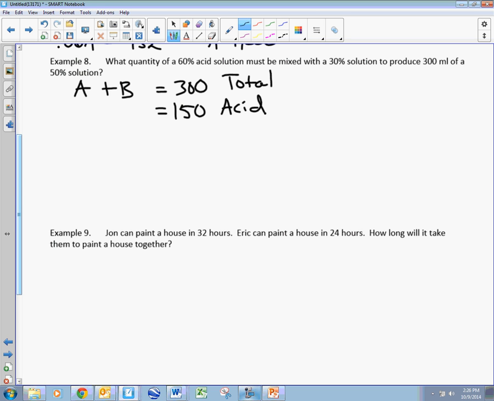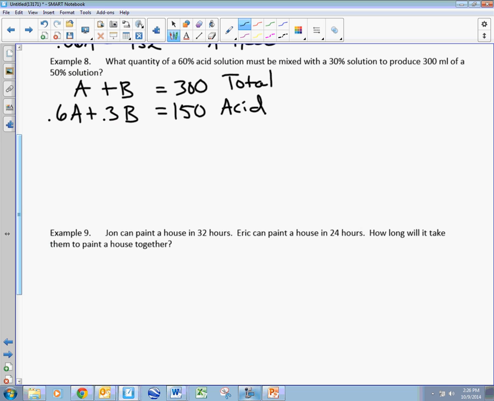The 300 is not a percent, it's milliliters, so we want to match that idea. What percent of A is acid? 60%, so 0.6 times A. What percent of B is acid? 0.3.